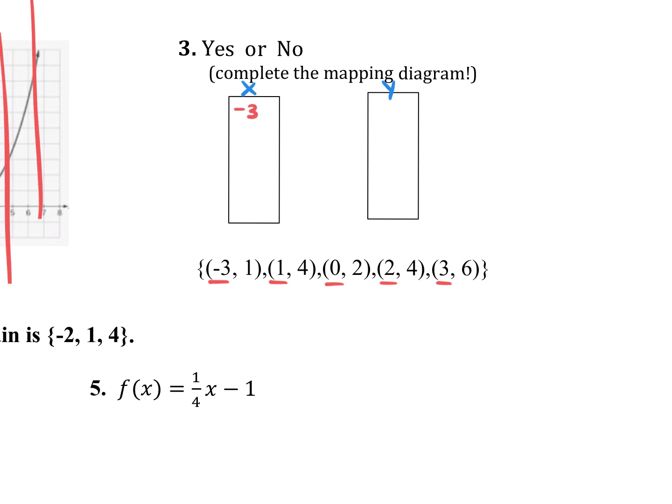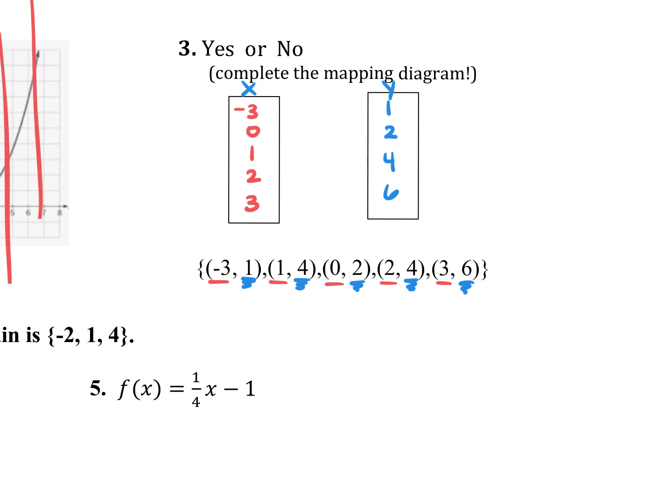It would go -3, 0, 1, 2, 3. Don't repeat anything. Your range is the y values. Notice, what's your lowest range number? 1, right? Then 2, then 4, then 6.